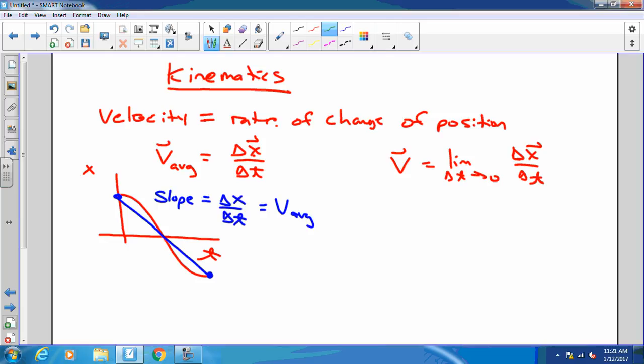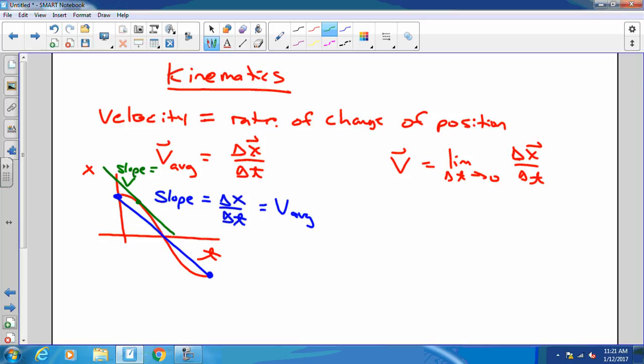Meanwhile, the instantaneous velocity is going to be the slope at an instant in time. If we pick an instant in time, we can draw a line tangent to the graph at that instant, and our slope here is equal to v. Why is that equal to this?